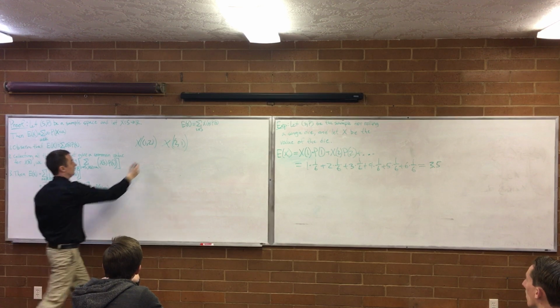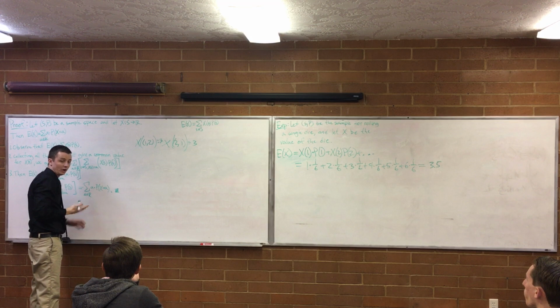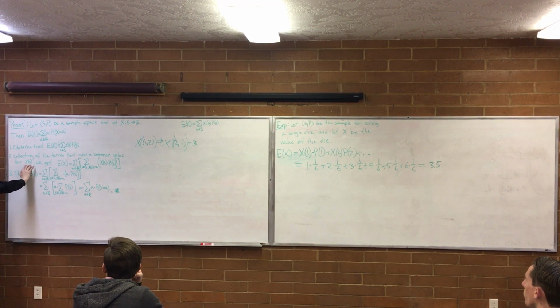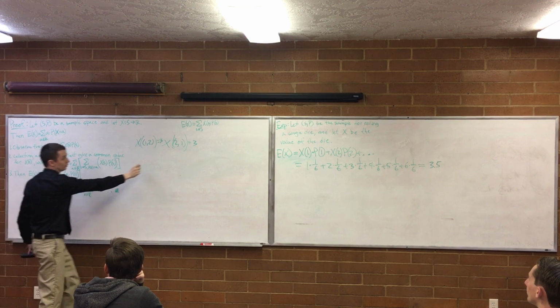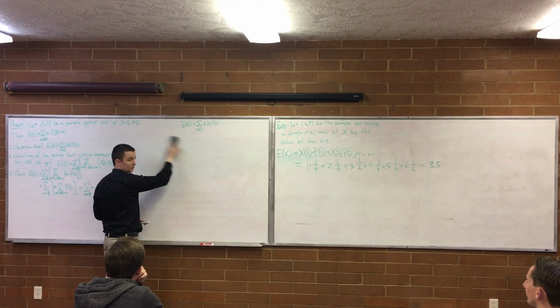That's equal to 3 when X was the sum of what we rolled. So what I'm saying here is, I want to collect all the outcomes together that give me the same real number, 3. You with me?